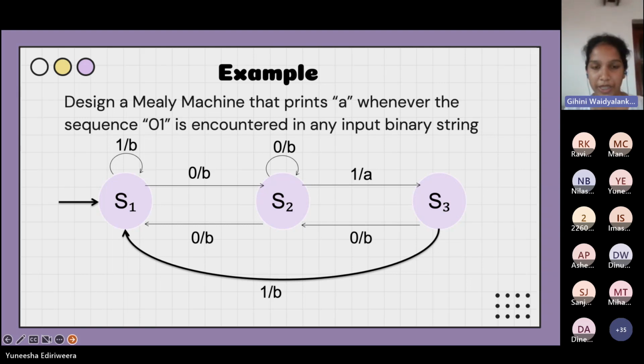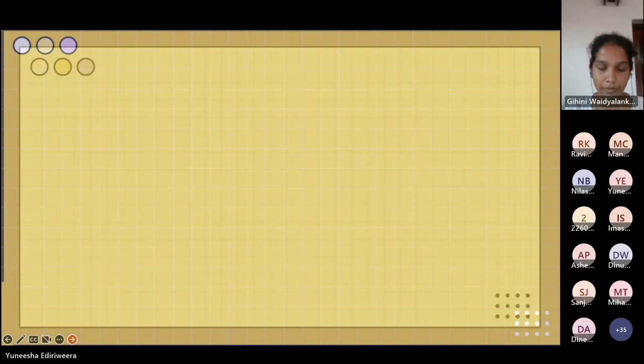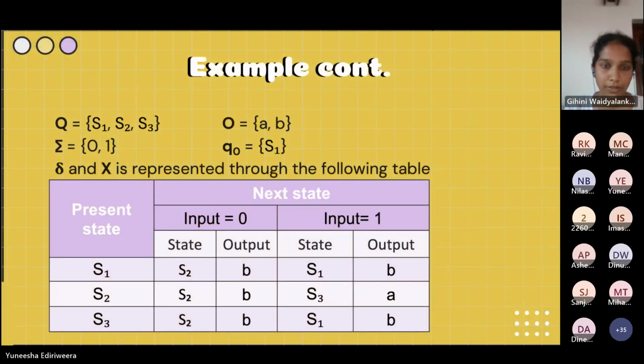Now can we move on to the next slide? By that diagram, we can identify the states of this machine. We have the states S1, S2, and S3, the inputs 0 and 1, the outputs A and B, and the starting state S1.